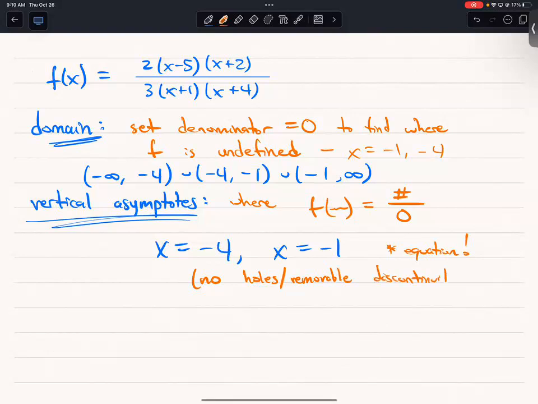Okay. What about finding a horizontal asymptote? You look at the leading terms.